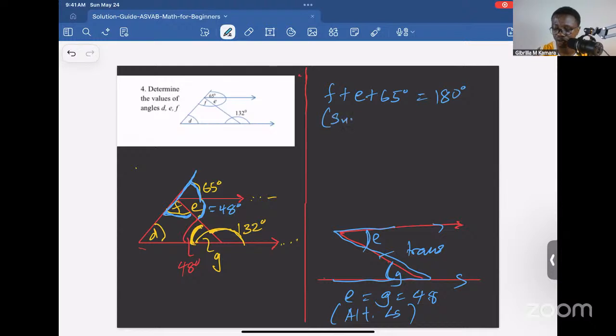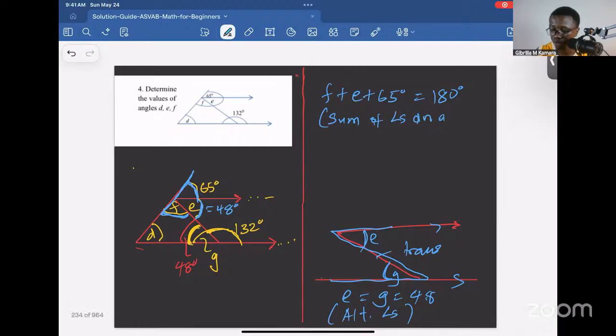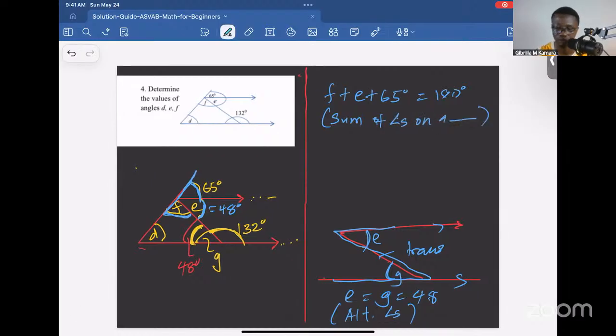This is sum of angles on a straight line.